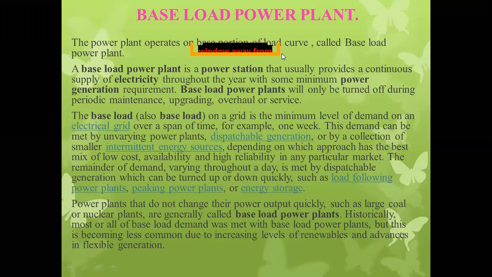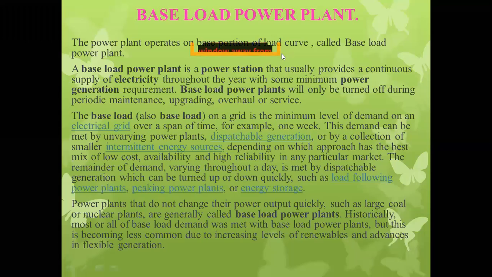Means the power plant must provide power throughout the year with some minimum power generation requirement. A base load power plant will only be turned off for periodic maintenance, some upgradation or overall servicing. For this, we have to switch off or shut down the power plant.